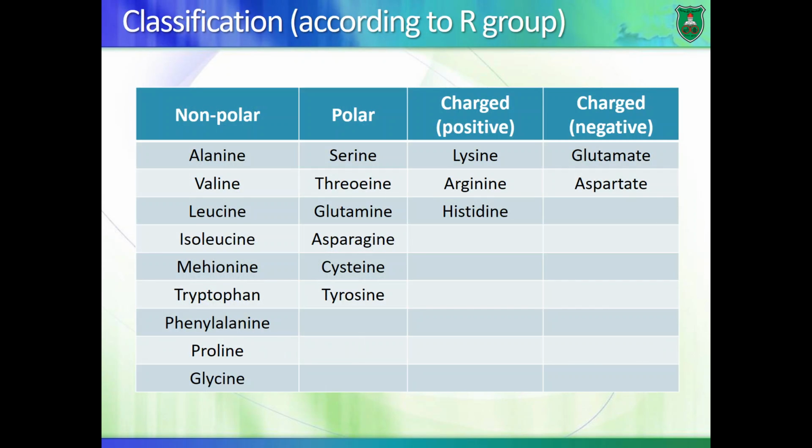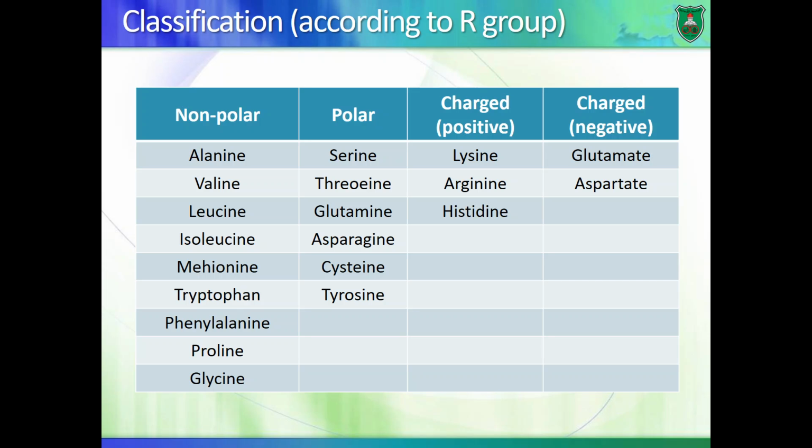There are different ways by which we can categorize amino acids. One of them is classification according to their R groups, not the amino acid itself, rather the R group itself. They can be categorized simply into 4 different groups. You have non-polar amino acids, and these include alanine, valine, leucine, isoleucine, methionine, tryptophan, phenylalanine, proline, and glycine.